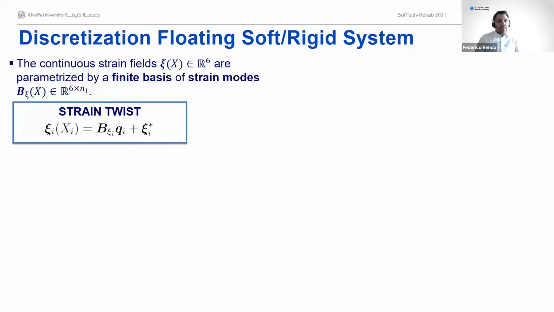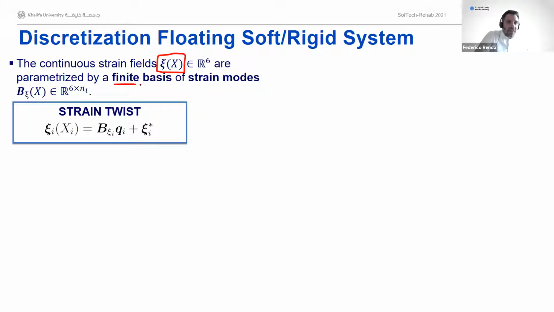Okay, another important piece of the model is the discretization of the continuous field. So far we left our strain to be variable, but in order to make some computation, we need to discretize this infinite dimensional field. How do we do that?